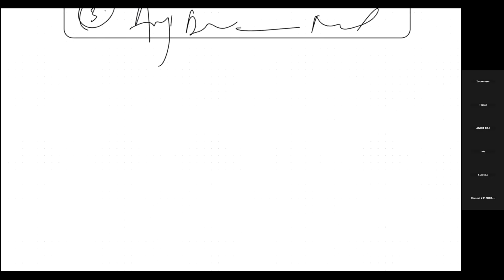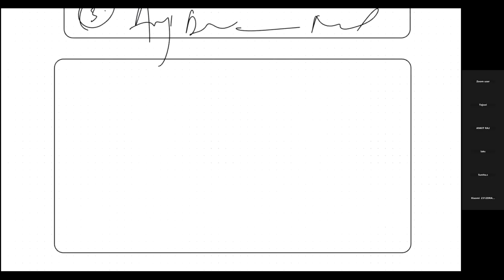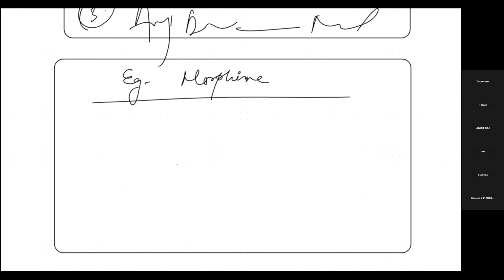Now, the last, let's take an example of a drug, morphine, and how it is getting metabolized, so that it will give a whole picture of metabolism. Morphine first undergoes phase 1 of metabolism, which is functionalization.